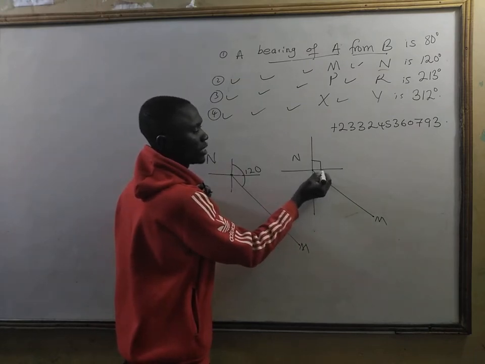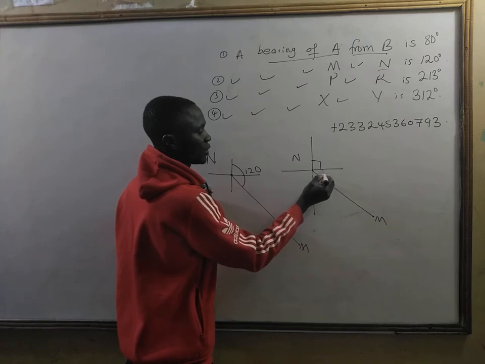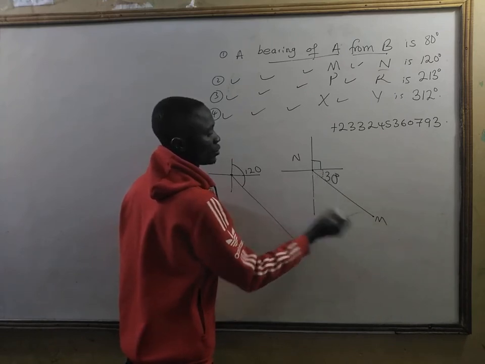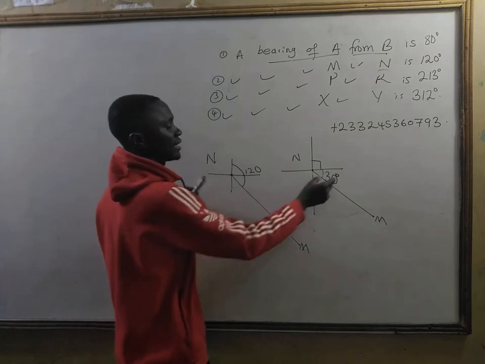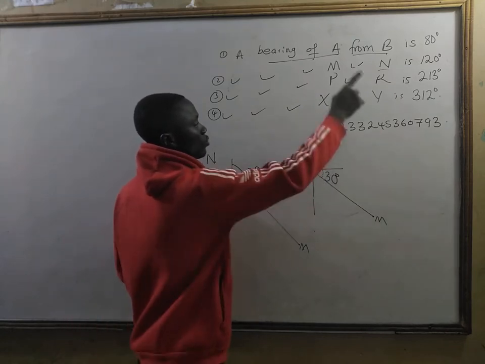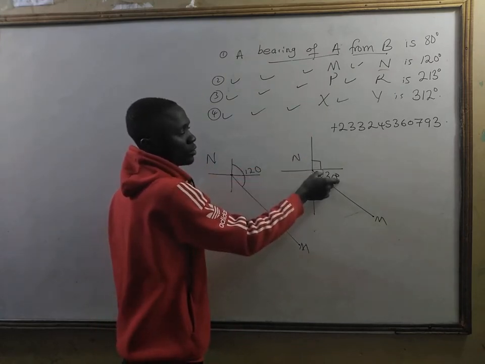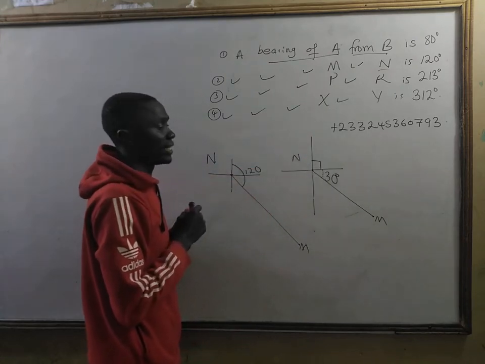I need 120. So it means that it has left with this angle simply 30 degrees to get me there. Because if I add 30 to 90, I'll get 120. Or I can subtract the 90 from the 120 to get this 30. That's the angle that I need.